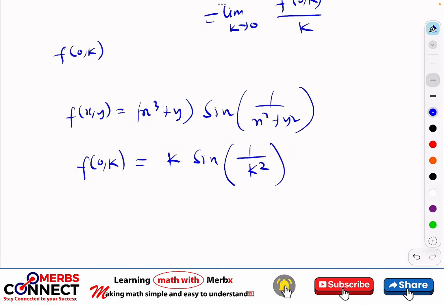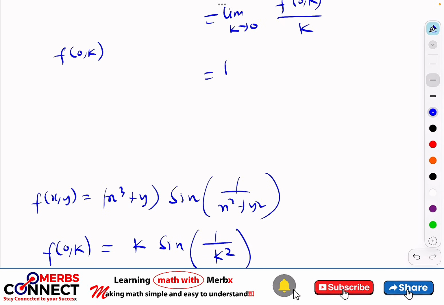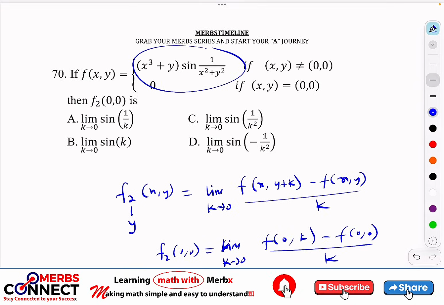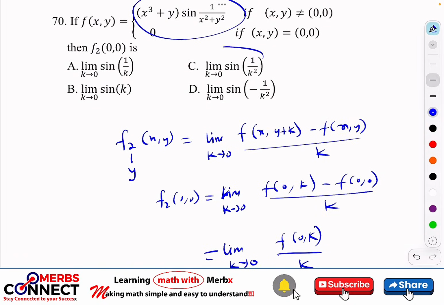So now let's try and plug it in and see what's going to happen. Limit k approaching 0 of k sine of 1 over k squared divided by k. It can cancel out and we have the limit k approaching 0 of sine of 1 over k squared. Let's go and see our options. Okay, I think we have something beautiful here. So let's go to this.